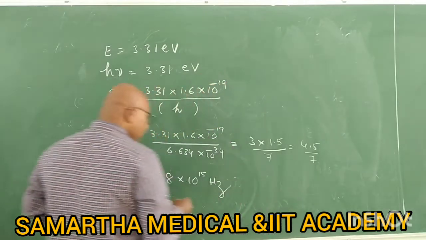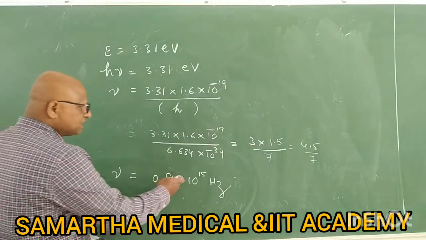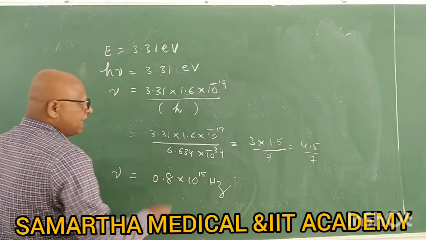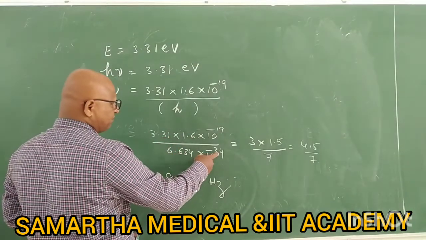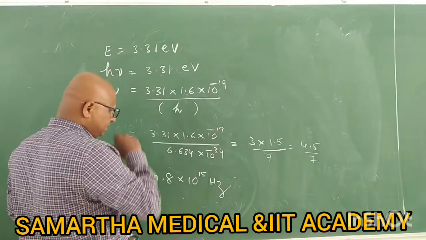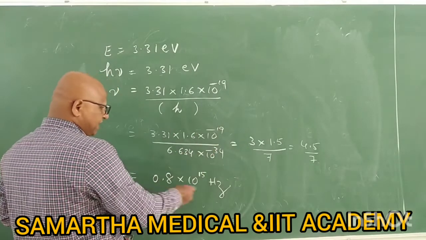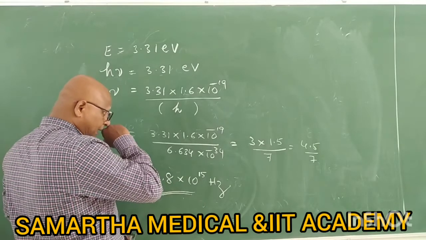So the answer will come out to be approximately 0.6 or 0.7 something. Okay, and the exponents, 10 to the power of plus 34 minus 19, so it is 10 to the power of 15.